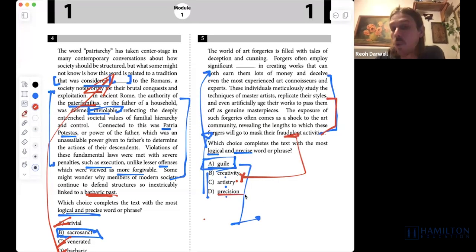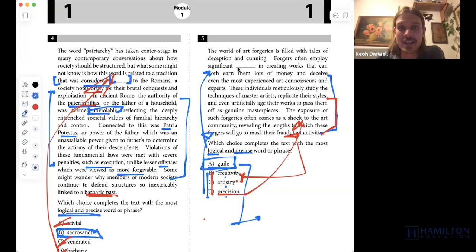They certainly require precision to work here, but that precision is going towards misleading. That precision is for the purpose of lying and deceiving people, which is, again, an attribute of guile. There's no such thing as worrying about it being repetitive or redundant.